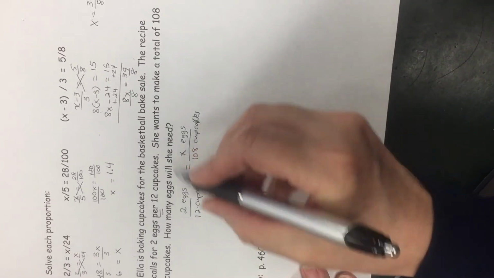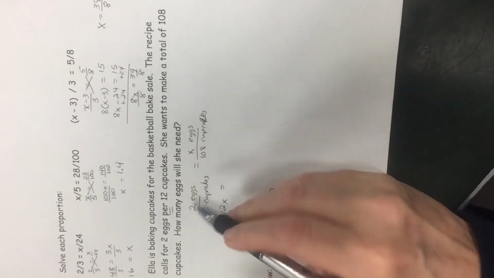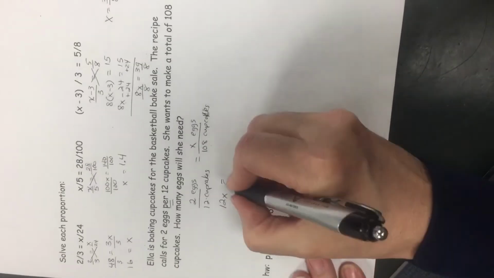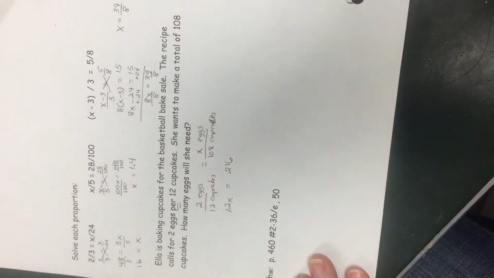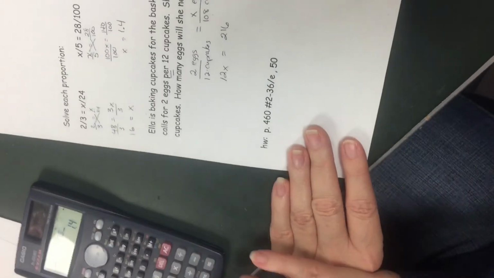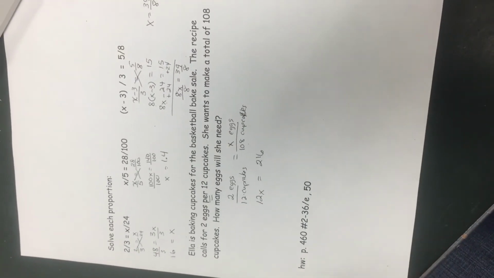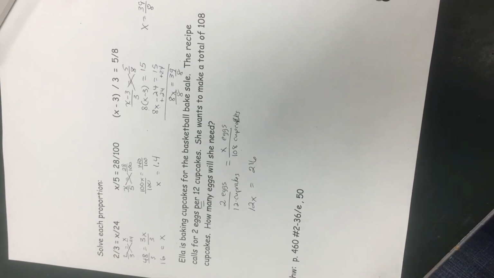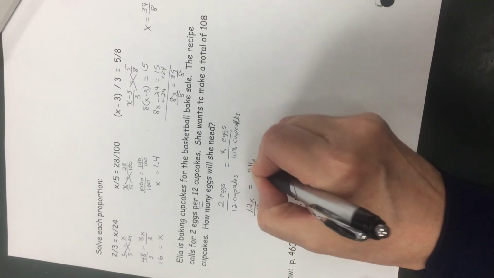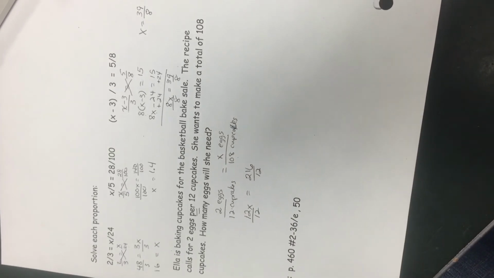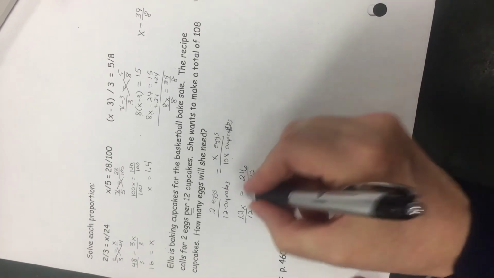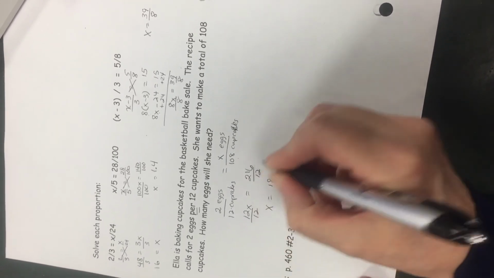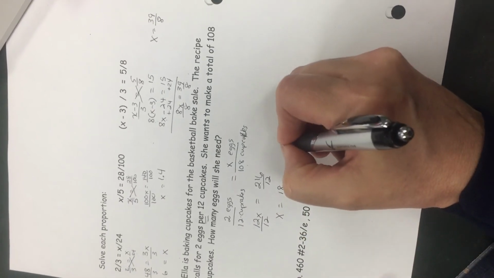So 12 times x is 12x, and 2 times 108 would be 216. Okay, then we're going to divide both sides by 12. And 216 divided by 12 will be 18. So we'll need a total of 18 eggs.